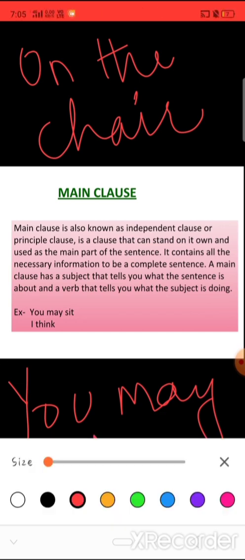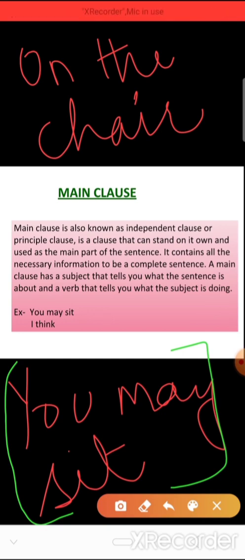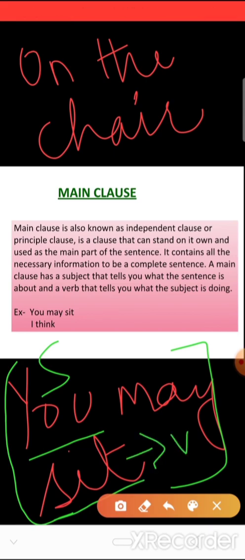Now here we can see very easily that this part is a clause, because it has a subject, that is you, and it has a verb, that is sit. That means it is a clause. And we can tell that "on the chair" is a phrase, because it does not have a subject-verb combination. It does not have that, and that's why it is a phrase.